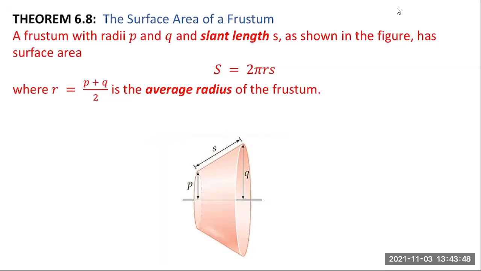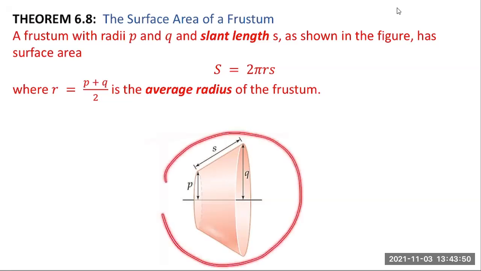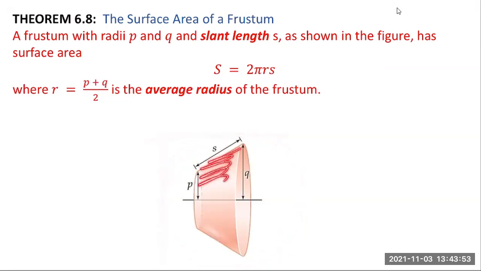All right, so now how do you find the surface area of this frustum? Surface area means area of this surface. Okay, here is the theorem. Here is what the theorem tells us about the surface area. A frustum with radii P and Q. This is P, this is Q, okay? And slant length S, as shown in the figure, has the surface area S equal to 2 pi r S, where this r is the average of the bigger and smaller radii.